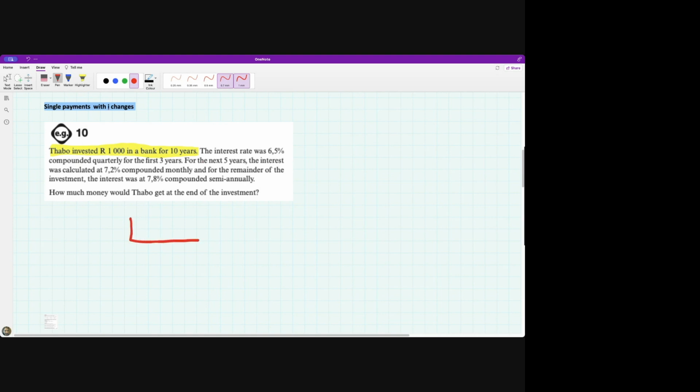What I'm going to do is I'm going to say, this is T naught and this is T10. Give me a thumbs up if that makes sense to you so far. Okay. Now, I'm going to put a plus 1,000 below T naught. That's this 1,000 Rand. That's how much money Tabo is investing.